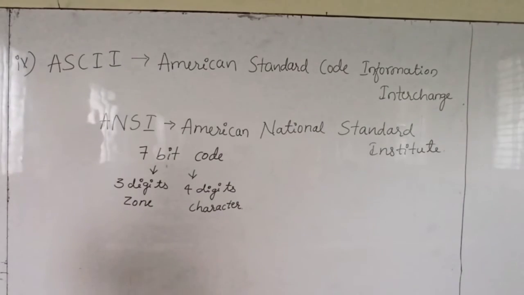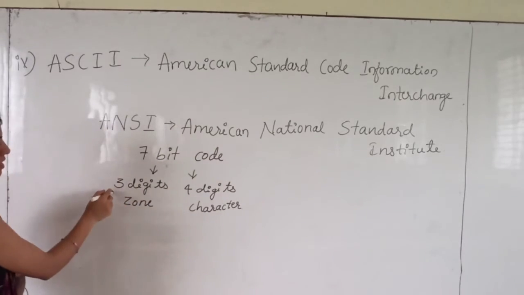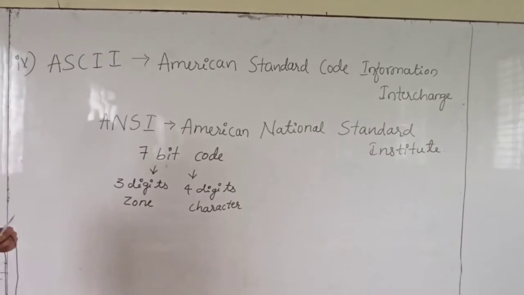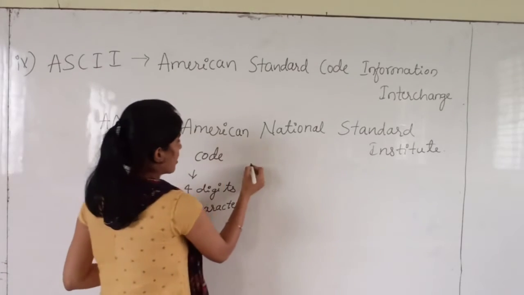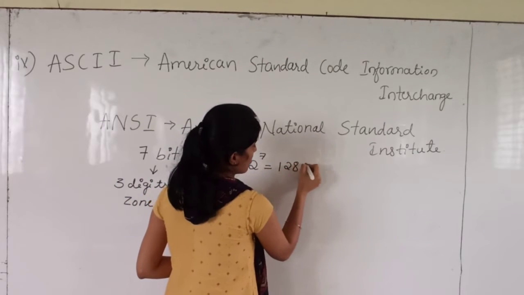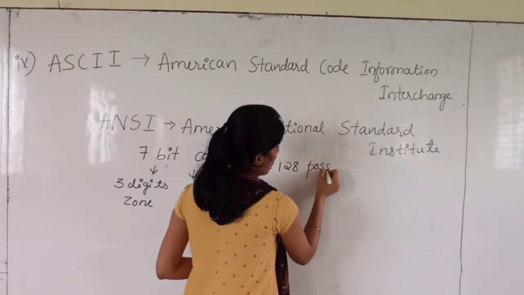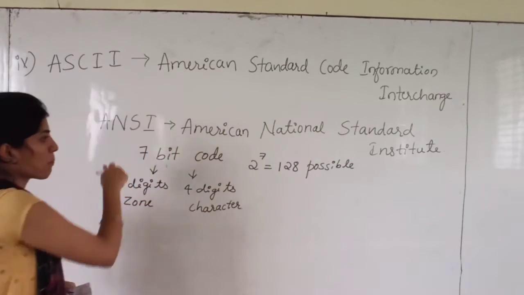It contains a total of 7 bits; 3 bits are set for zone and the remaining 4 show the character. The total possibilities become 128 for representing a character in ASCII.